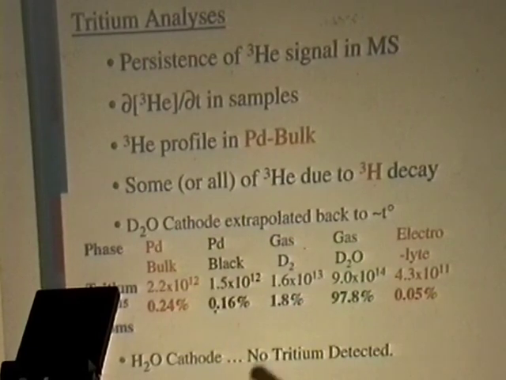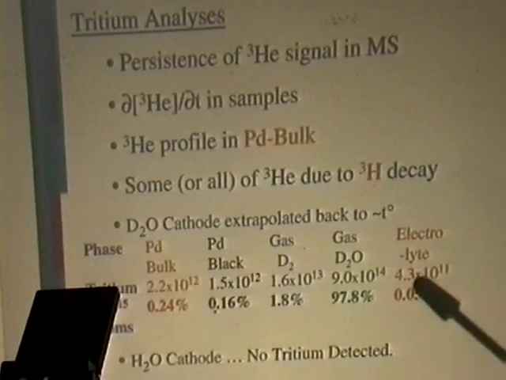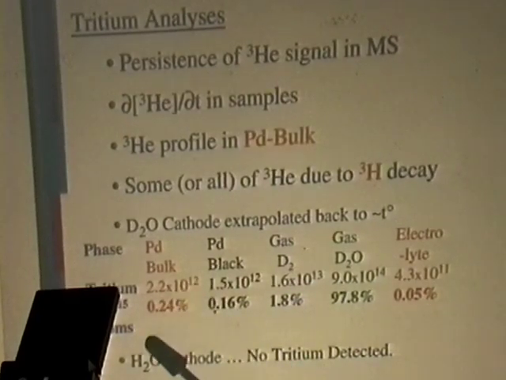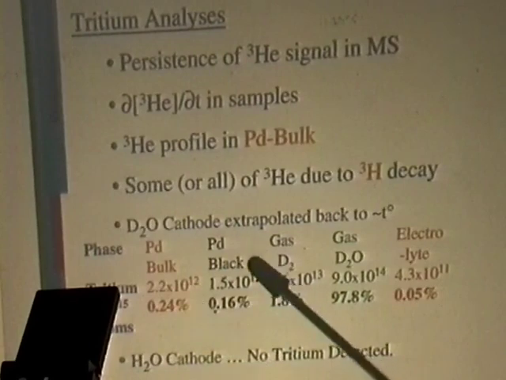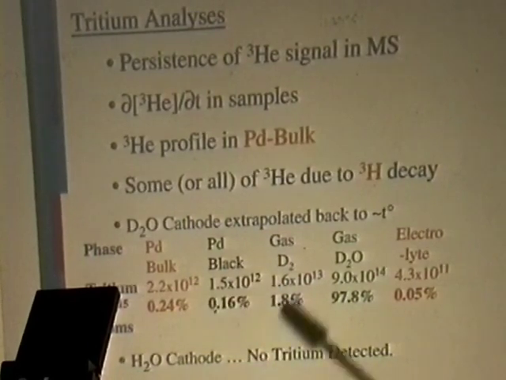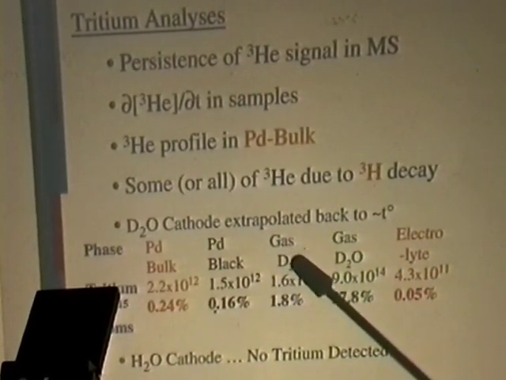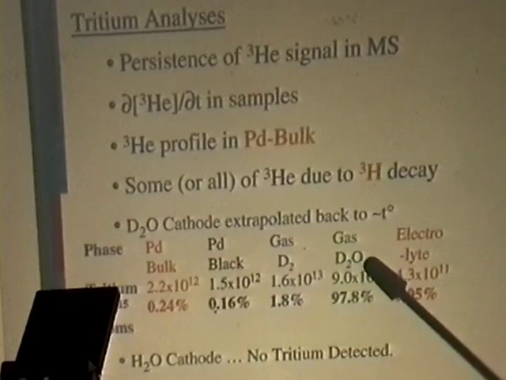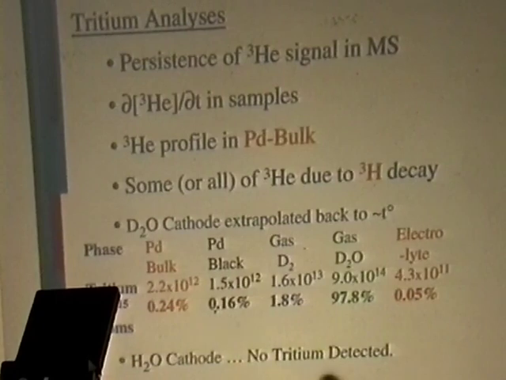decay. And if you look at the various phases that are available to us for analysis, remember I said before the palladium bulk metal phase, the palladium black metal phase, the gas phases, molecular D2 and molecular D2O, and we could also look in the electrolyte. We take them all, do a mass balance, analyze as carefully as we can all of these phases for tritium.